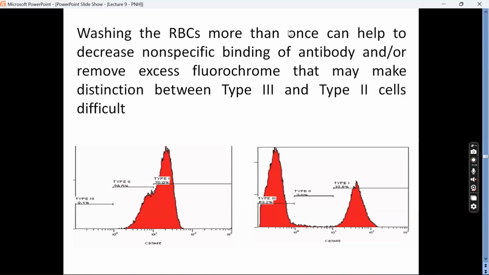One of the problems is this: if you're not washing it properly, there will be some non-specific binding and you get a false positive CD59 positivity. But once you wash it properly, you find that the huge type 3 population is there and type 1 cells are there. Here it appeared like there were some type 2 cells and type 1 cells, which is wrong.